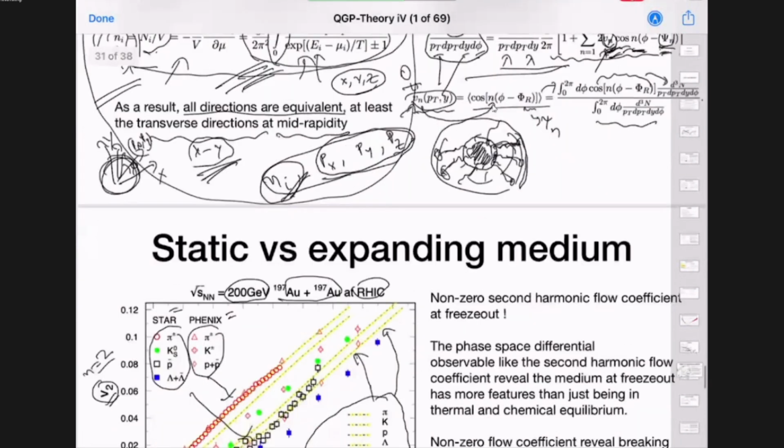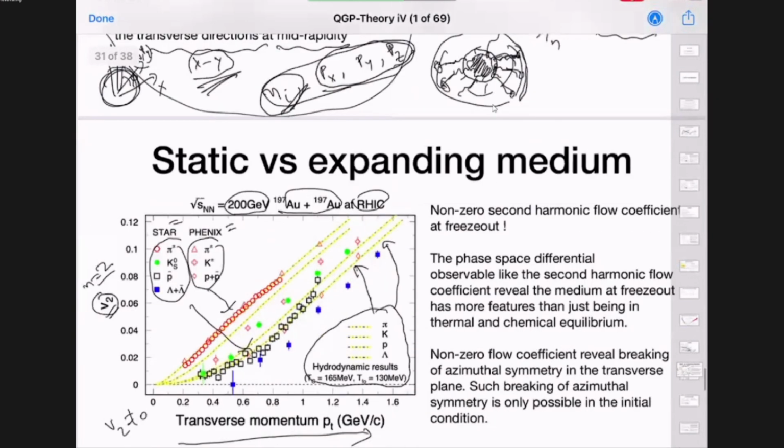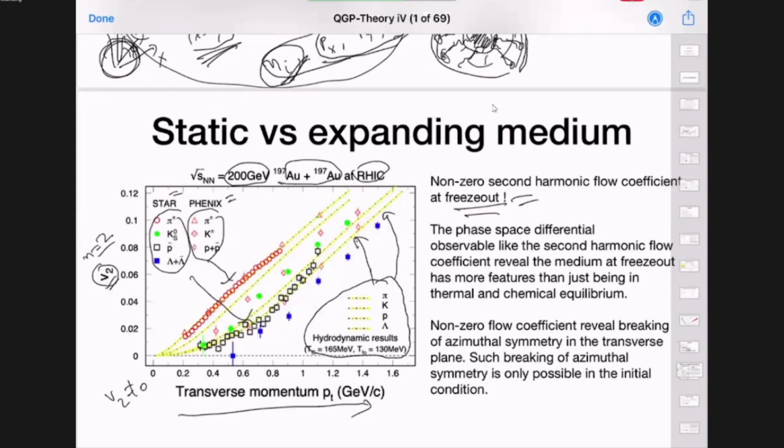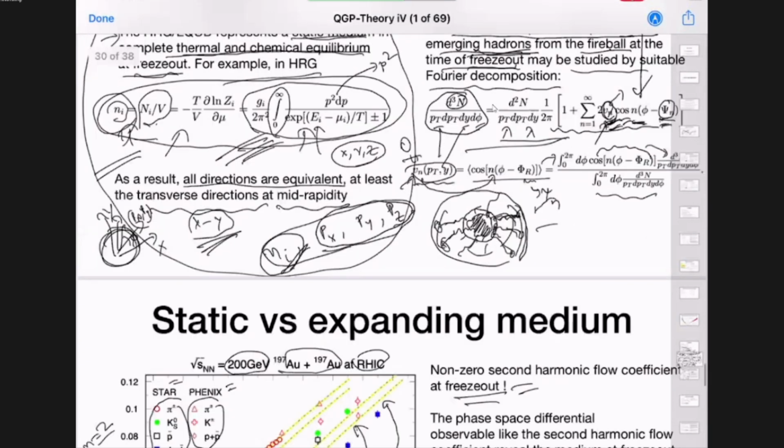So we have a non-zero second harmonic flow coefficient at freeze out, as I explained here. Everything that you're observing is coming from that freeze out, at least for these strongly interacting probes.